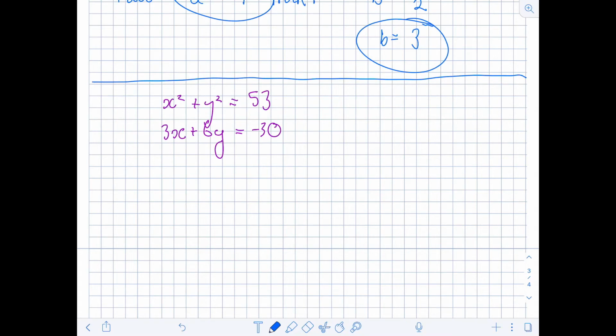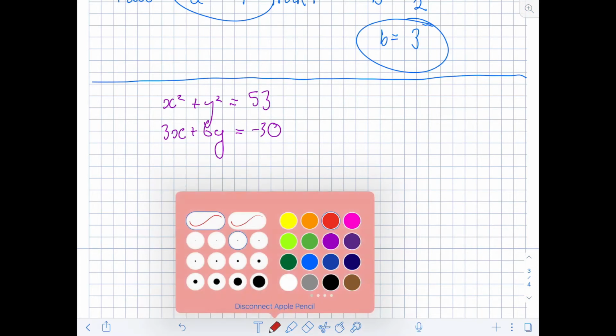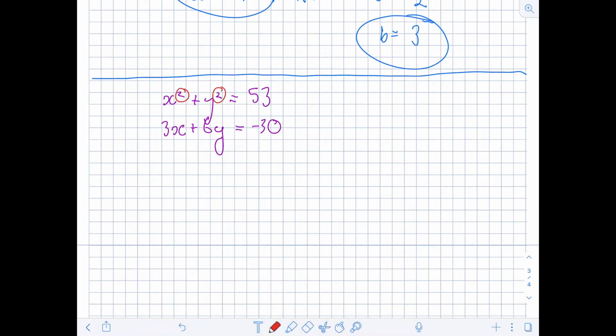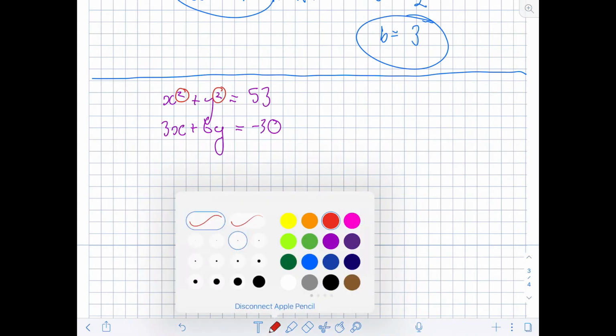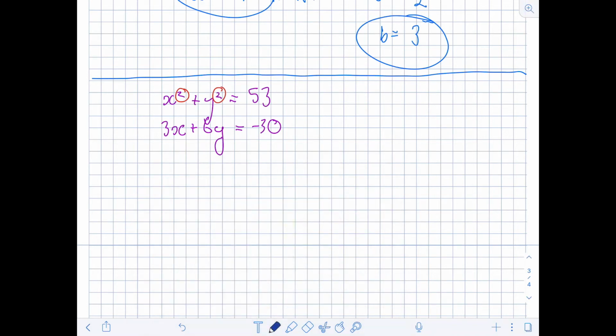So it's a simultaneous equation, but we have some squares. So we need a new strategy. When we have squares, we need a new strategy. And the strategy we use in our class is isolate and substitute.